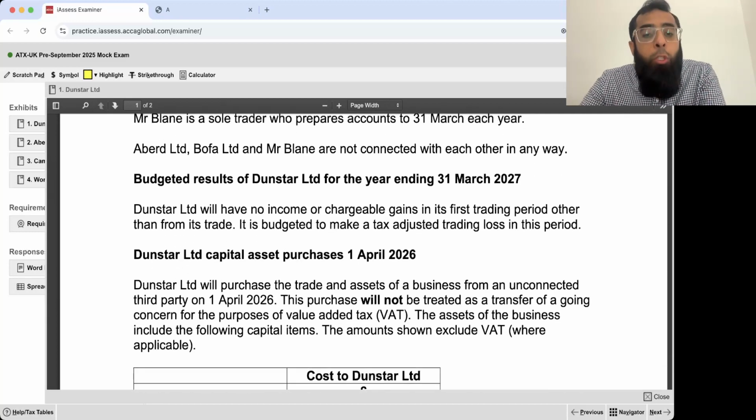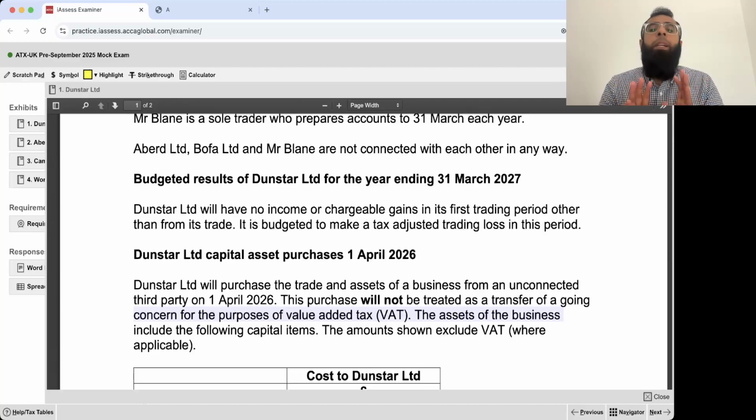Then, Dunster Limited's capital asset purchases on 1st April 2026. Dunster Limited will purchase the trade and assets of a business from an unconnected third party on 1st April 2026. The purchase will not be treated as a transfer of a going concern for the purpose of VAT.